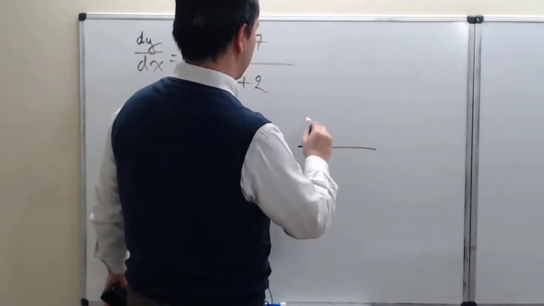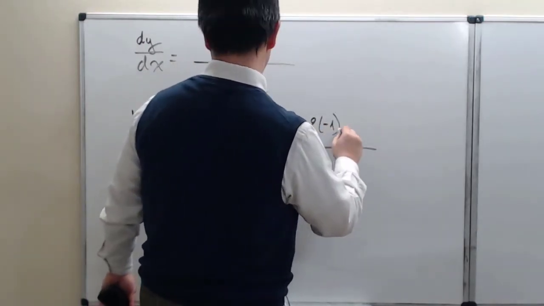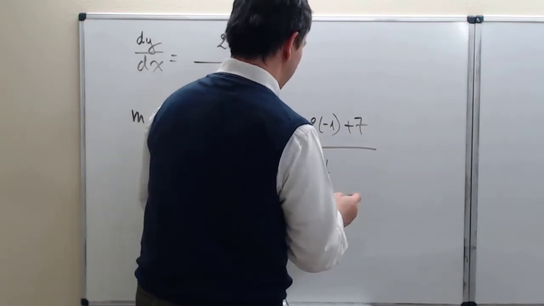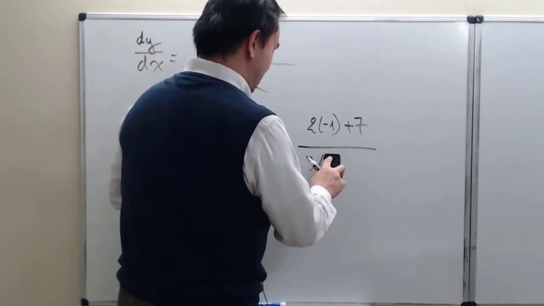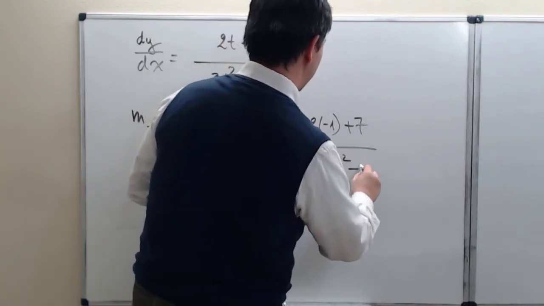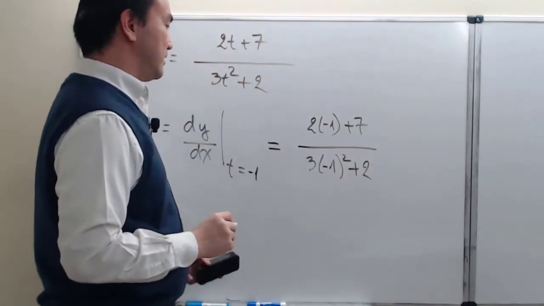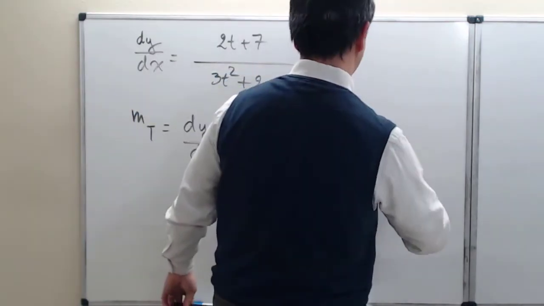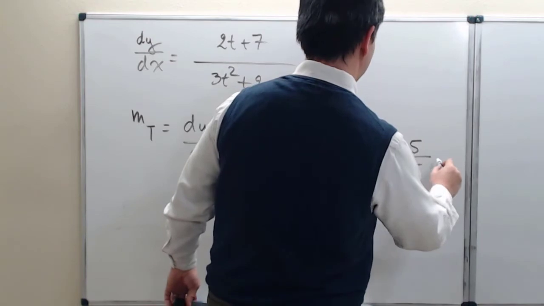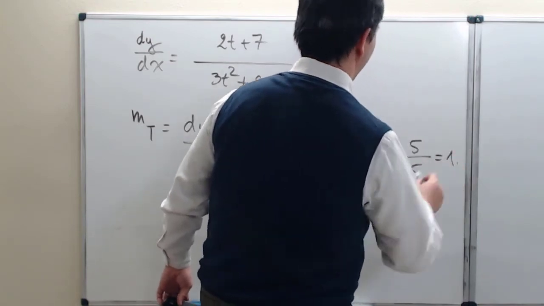So now we have 2 times -1 plus 7, over 3 times -1 all squared, plus 2. All right, and so now that gives me 5 in the numerator over 5, and that is 1.